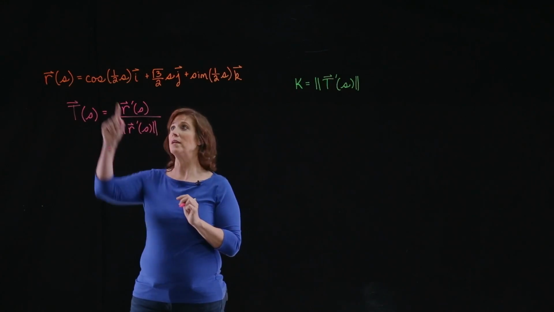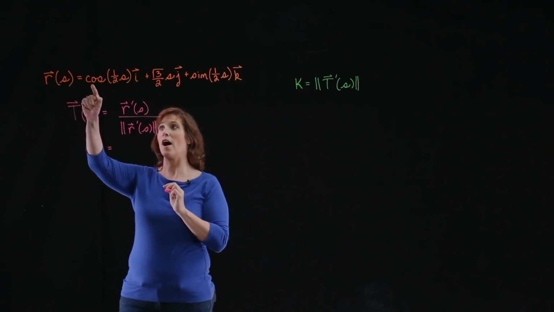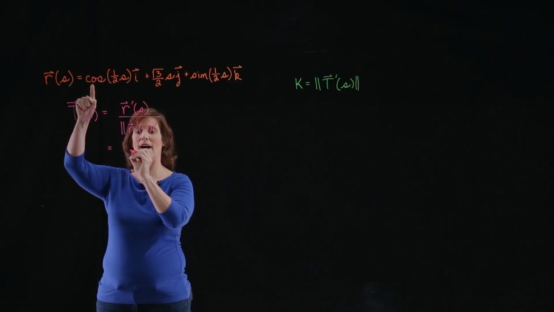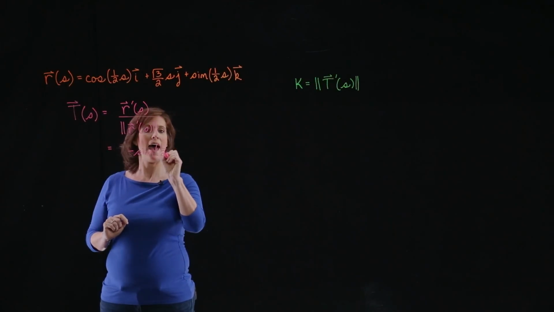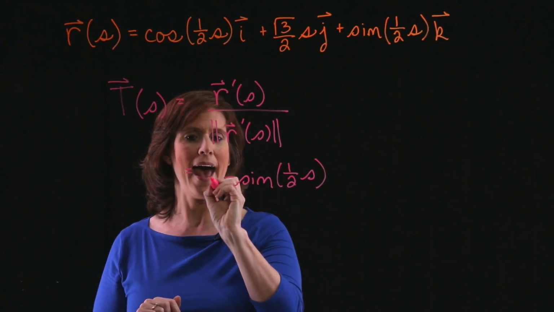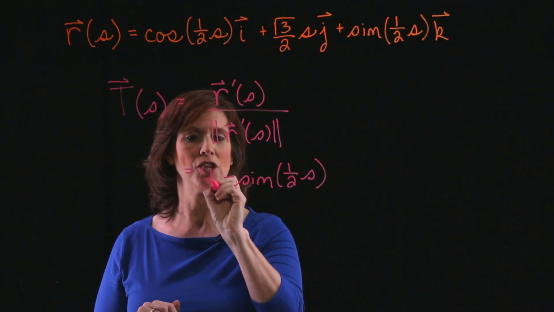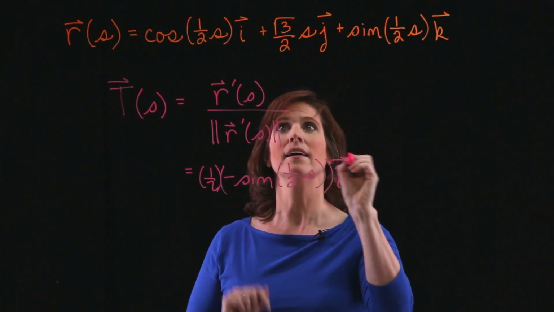Okay, so for this problem, we need to take the derivative of my position function. The derivative of cosine is minus sine, so I'll have the minus sine of 1/2 s. Again, don't forget to multiply by 1/2 by the chain rule, times vector i.